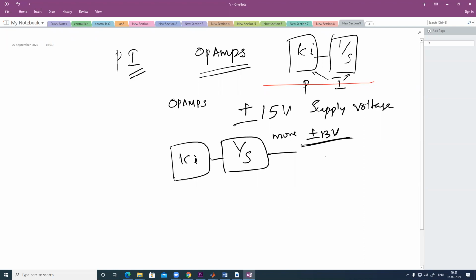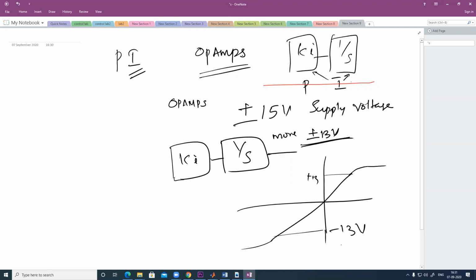So it can supply only up to plus 13 and minus 13 only. So you are limiting this integrator by plus 13 volts and minus 13 volts as a limited integrator.